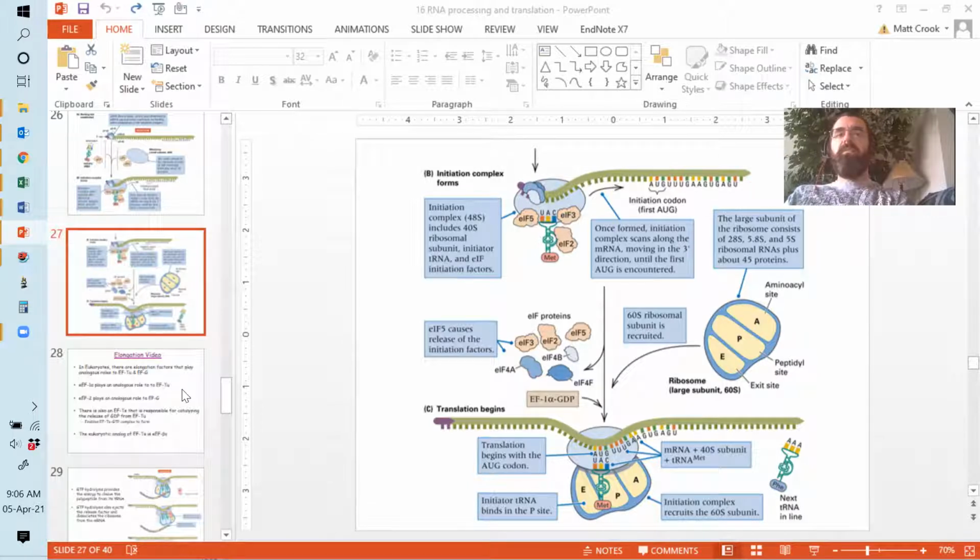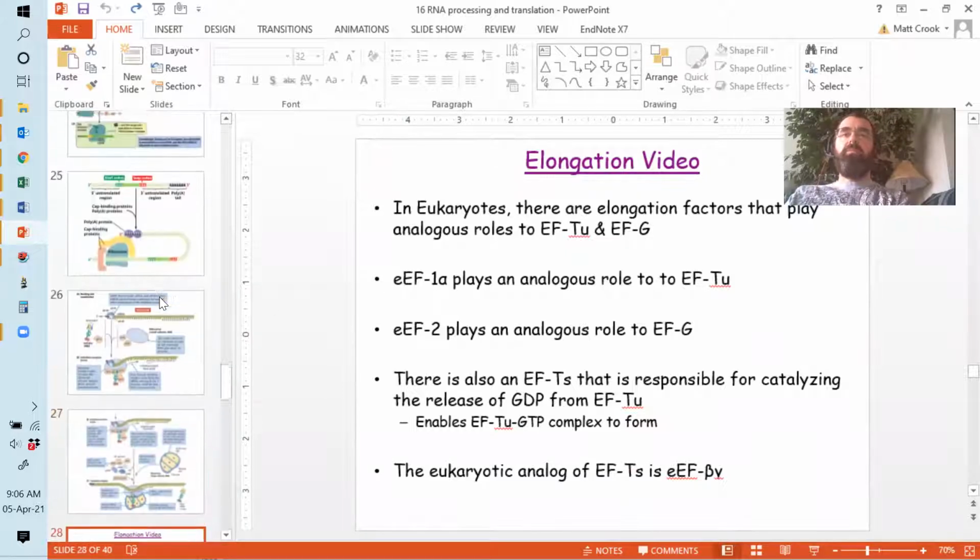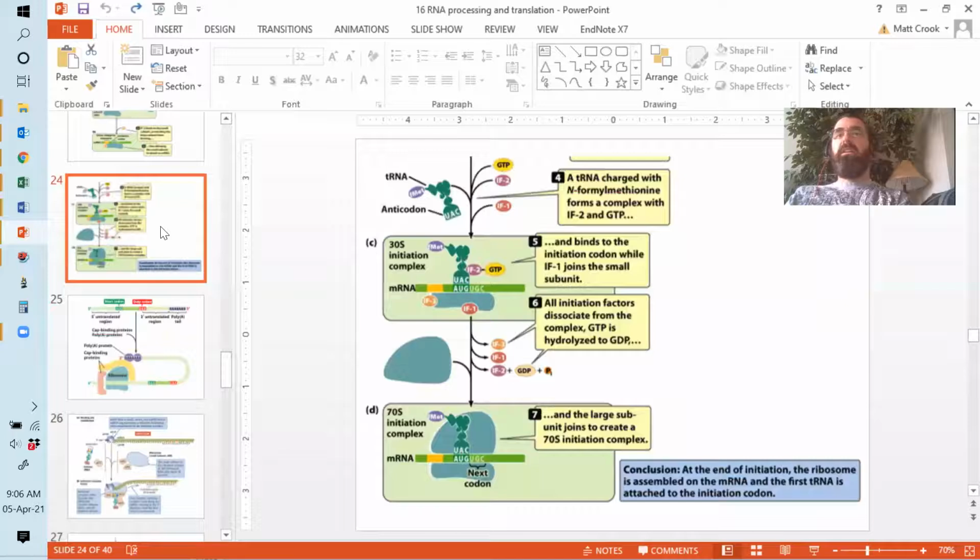Essentially the same thing happens in eukaryotes, other than the fact that the names are different. And so GTP again plays a role. If you remember, GTP is also involved in assembly of the initiator Met-tRNA onto the start codon in prokaryotes.